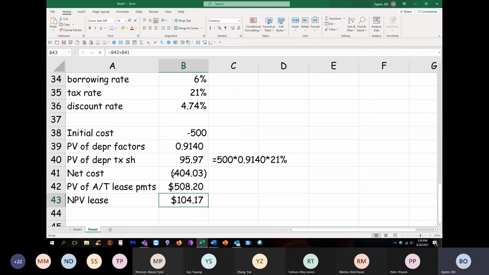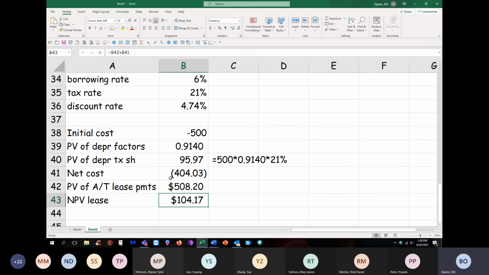And this will be the break-even point between what it costs the lessor to borrow and purchase the asset, and the lease payment. So the lease payment has to exactly cover the net cost. All right.